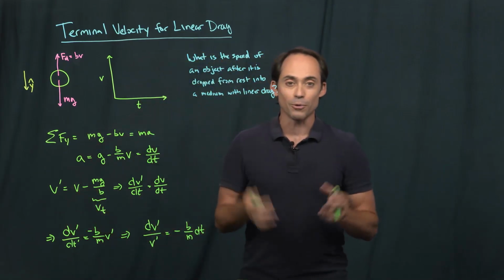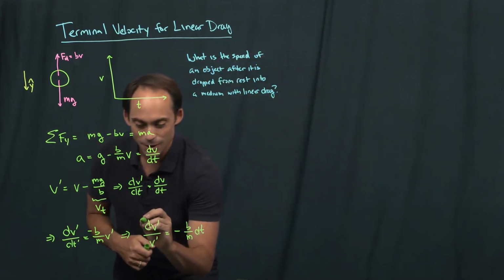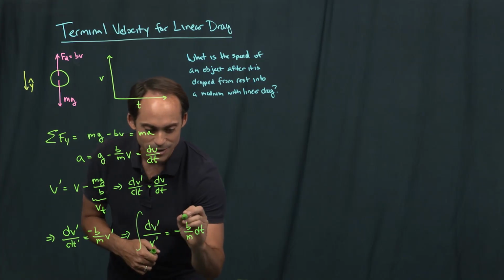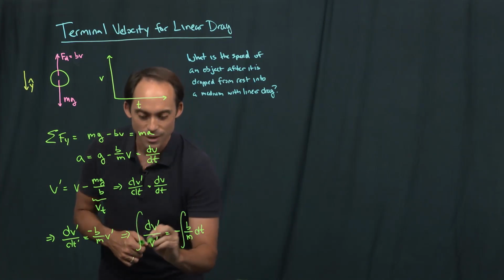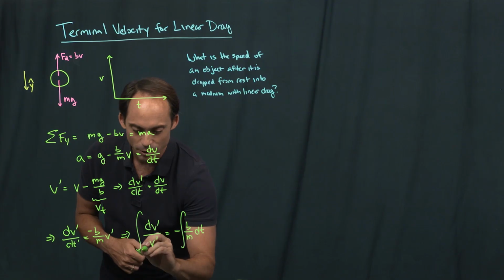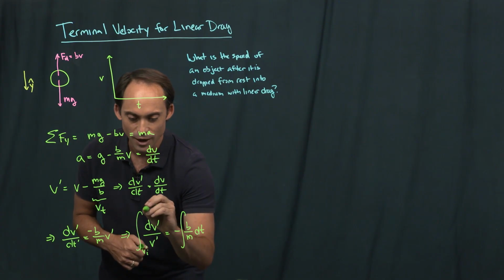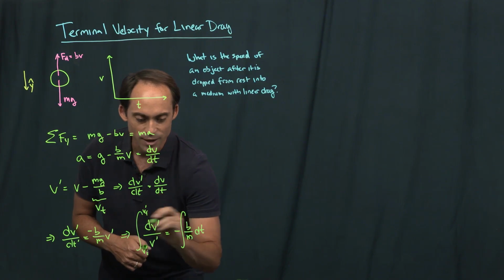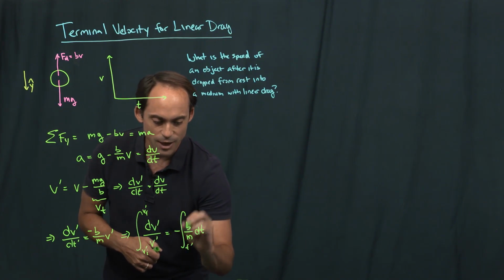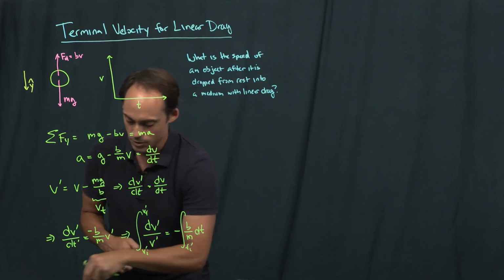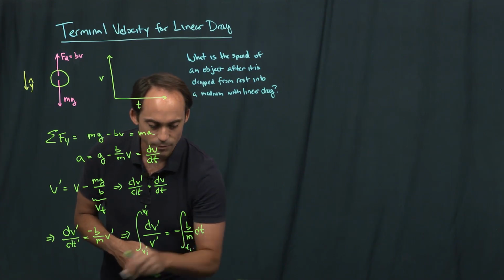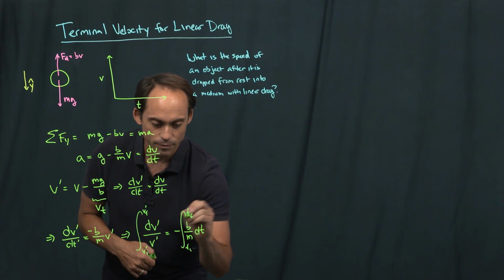And this is now ripe for an integral because all I have to do is add my integral signs around these two things, and notice that I'm going to be integrating from some initial velocity, an initial v prime, to final velocity, and from our initial time to our final time.